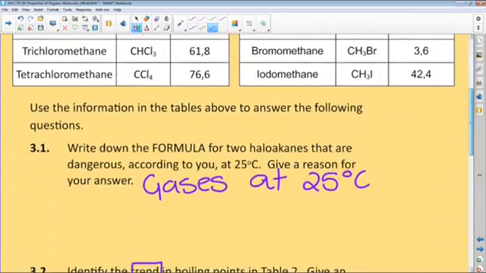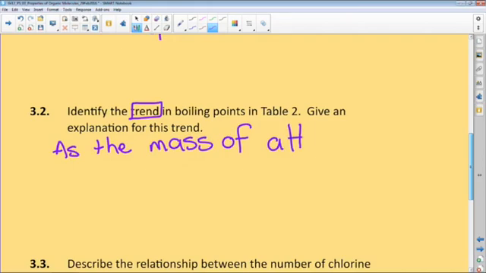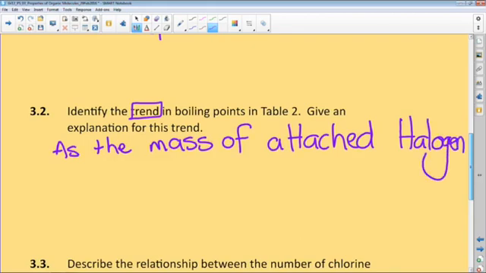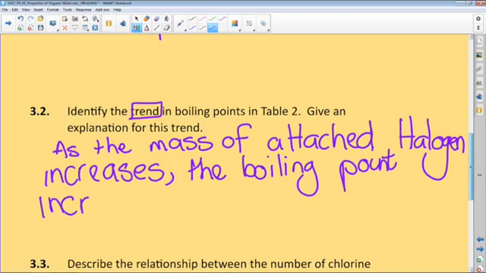So what we would put here is, as the mass of the attached halogen increases, the boiling point increases. Okay, that is the trend.